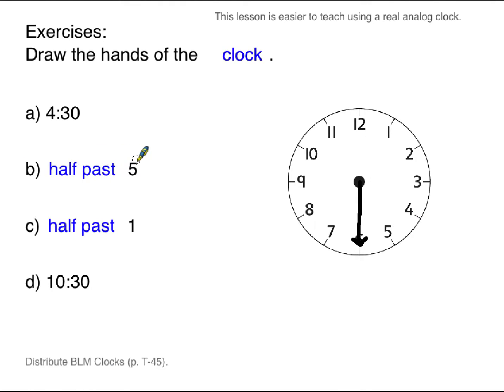5:30, so the minute hand is still pointing at the 6, and the hour hand has to be halfway past the 5, because remember, the hands on a clock always go in that direction. 1:30 means the hour hand has to be halfway past the 1.